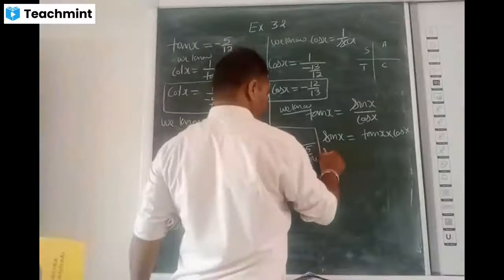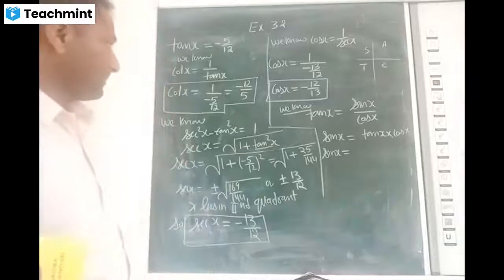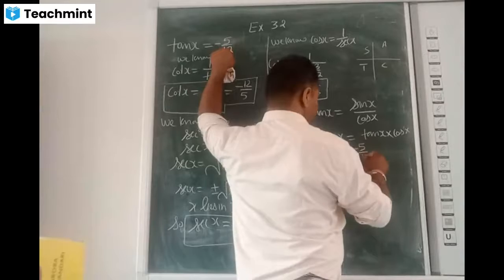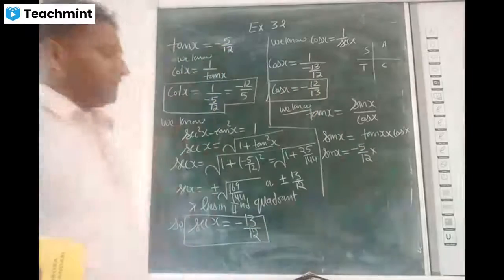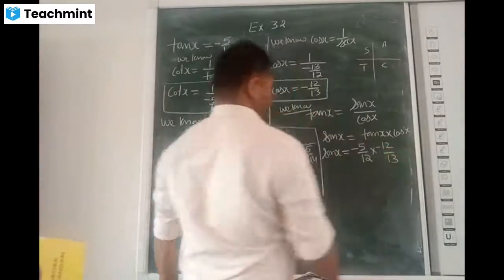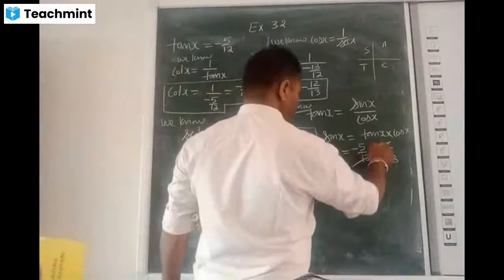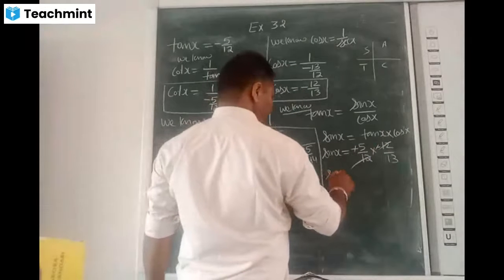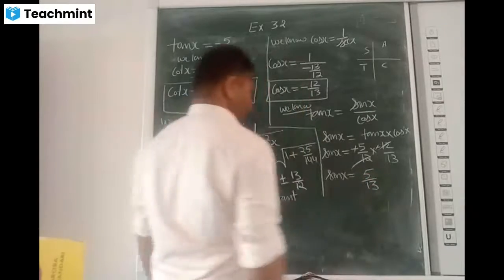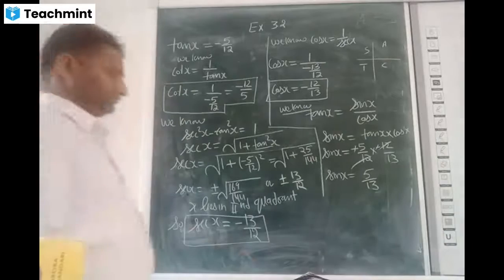So from here, the value of tangent x is minus 5 upon 12, and the value of cos x is minus 12 upon 13. So sin x comes to be, sin x is equal to 5 upon 13.